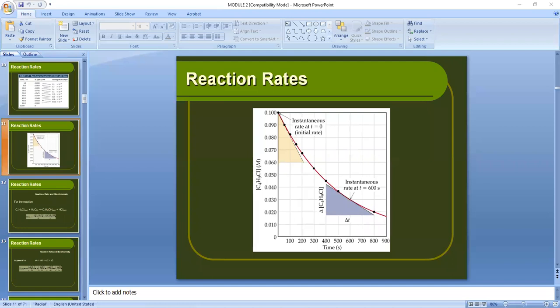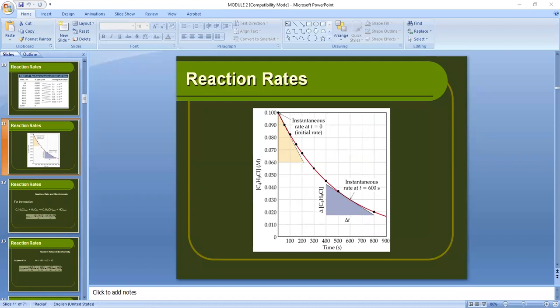The slope of this tangent line, at the particular time you want to measure, is the instantaneous rate. So you have to get the slope of this tangent line at this time, which is 600 seconds. That would then be the instantaneous rate of your reaction at 600 seconds.